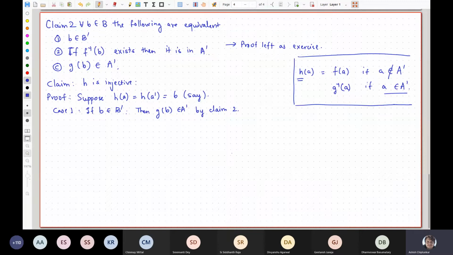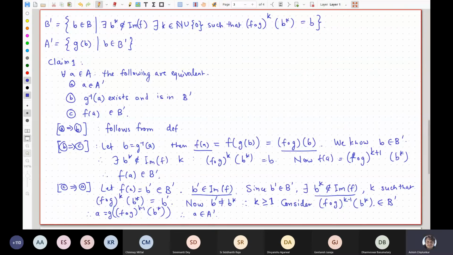Okay. So moreover, what? Yeah. Moreover, sorry, I should have said this earlier. Right. So G inverse of A exists and is in B prime.